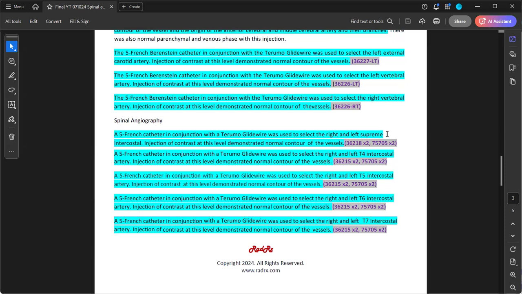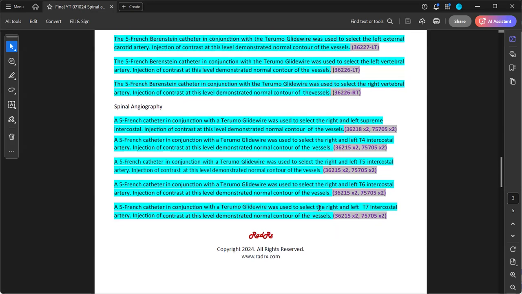That is correct. However, because the right and left supreme intercostals were injected to evaluate a spinal indication, that is why I went with code 75705 for both the right and left supreme intercostals.